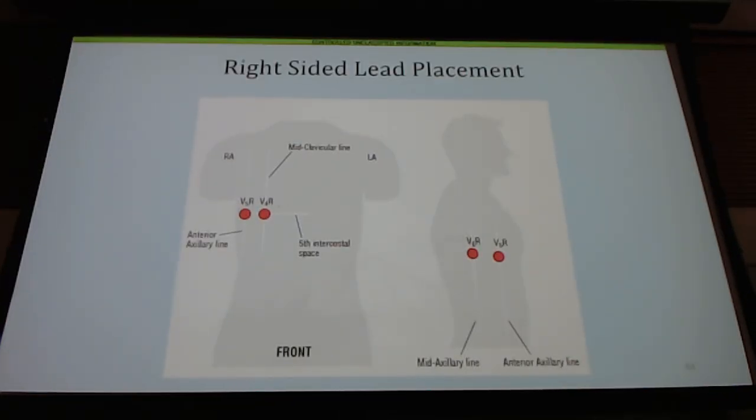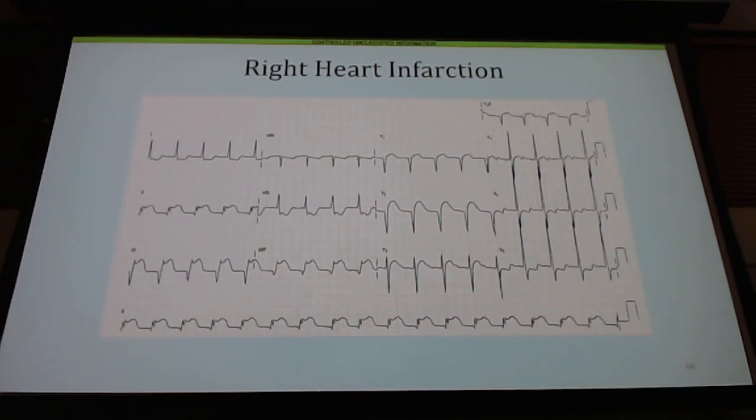And this is the location of those leads when you flip them to a right-sided EKG. And this just shows you, okay, we flipped the lead, here's that ST elevation present in our V4R lead.